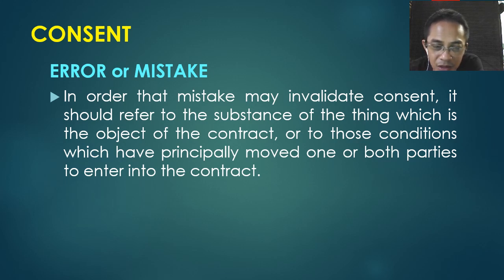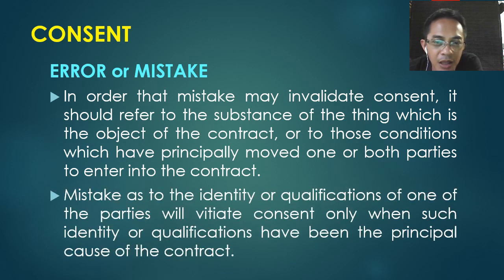If the vices, any of the vices of consent are present, ang tawag sa consent class is vitiated consent. Okay. Mistake as to one of the parties may also vitiate consent. Okay. Only when it is the primary cause of the contract. Okay.